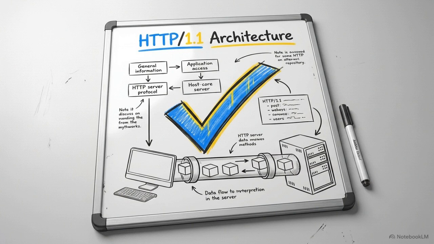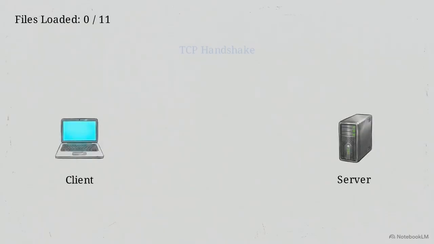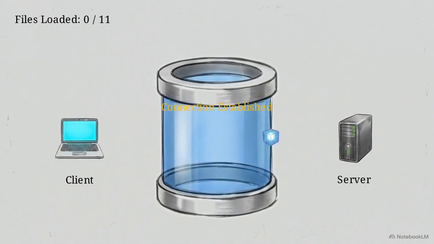To eliminate this connection overhead, HTTP 1.1 introduced an architectural fix known as persistent connections. In this updated model, the server leaves the TCP connection open after sending its initial response. The established transport link between client and server is preserved. This open link enables pipelining.